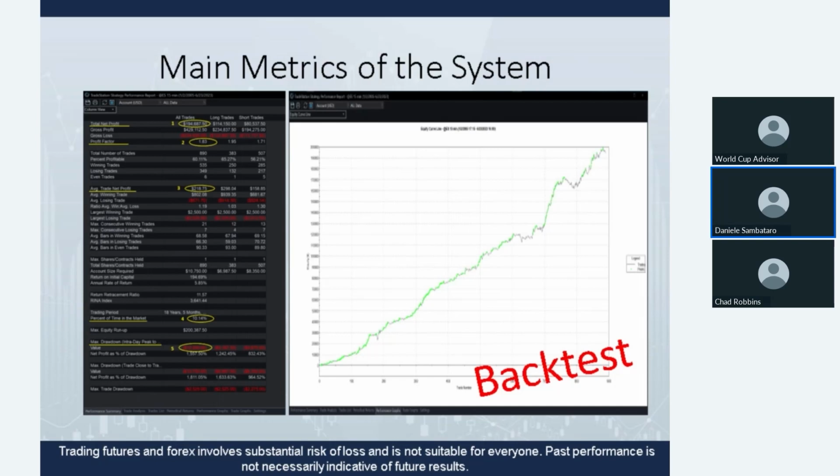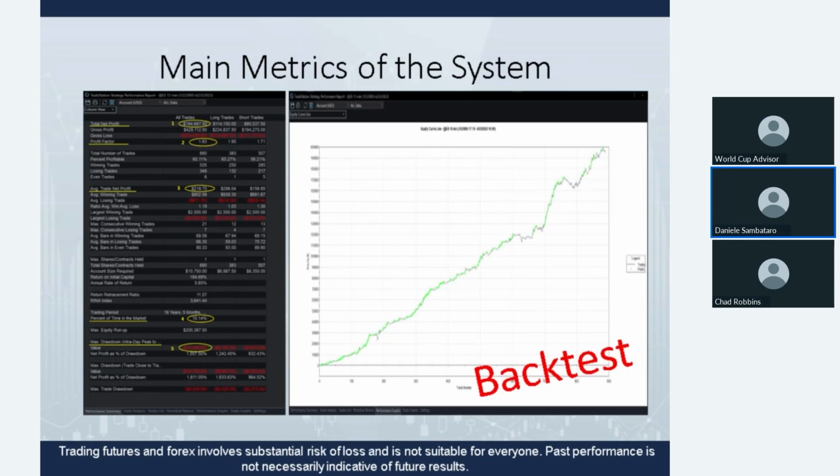In this case, we have 194,000 profit against 12,500 drawdown. So we have a profit on drawdown ratio bigger than 50, which is a very good result, and you can also appreciate it just looking at the equity curve.